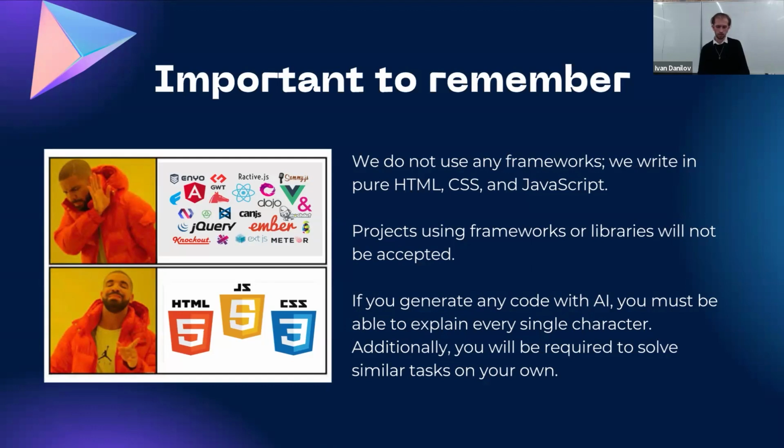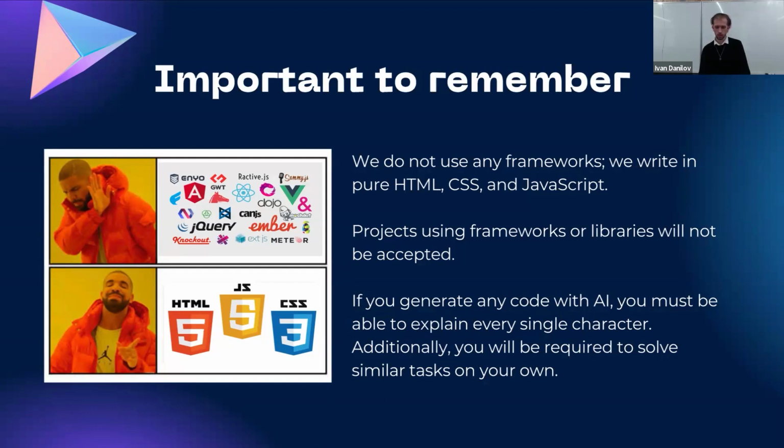And if I see some projects on React, I won't accept it because the main idea and the main condition for that course is to use only vanilla HTML, CSS, and JavaScript. And also, very important rule, if you generate any code with AI, you must be able to explain every single character.